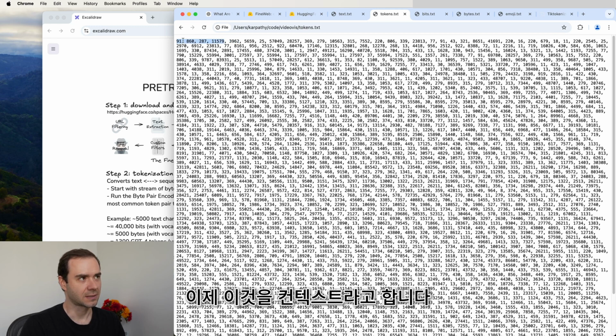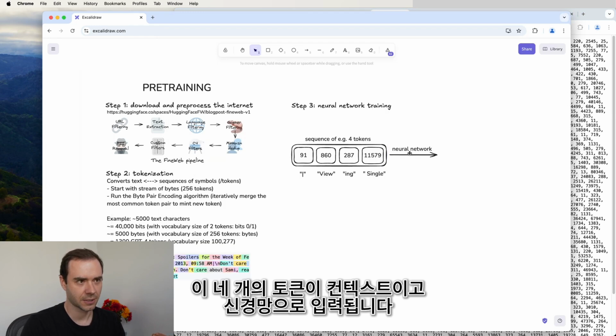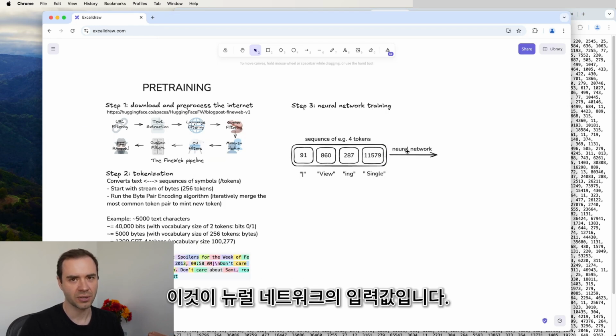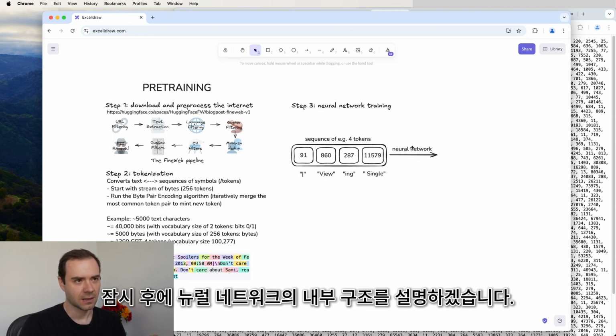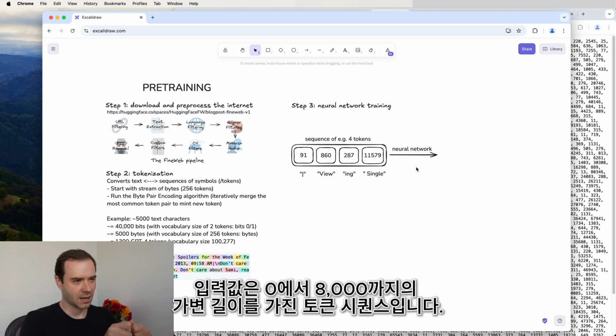So we call this the context. These 4 tokens are the context, and they feed into a neural network. This is the input to the neural network. I'm going to go into the detail of what's inside this neural network in a little bit. For now, what's important to understand is the input and the output of the neural net. The input are sequences of tokens of variable length, anywhere between 0 and some maximum size, like 8,000.